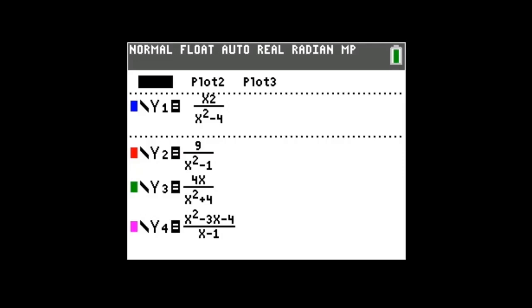So these are rational functions because our word rational has ratio in it, and ratio means fraction. So we have fractional functions. We have x in the top and the bottom of our equation, and that's something that we haven't seen before. And we have some different things happening.